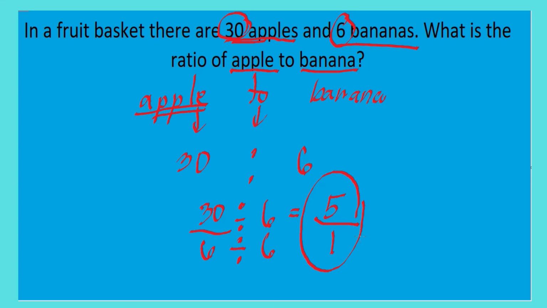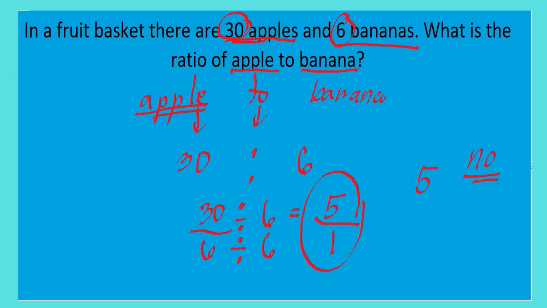Okay, so sir, can we write it as 5 only? The answer is no. You cannot write it as 5. We are not dealing with a mere fraction. We are dealing with a ratio. And going back to the meaning of ratio, this is a comparison of two quantities.